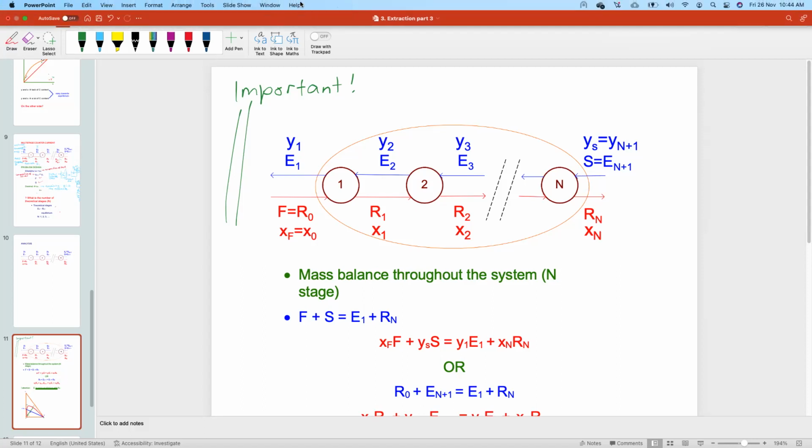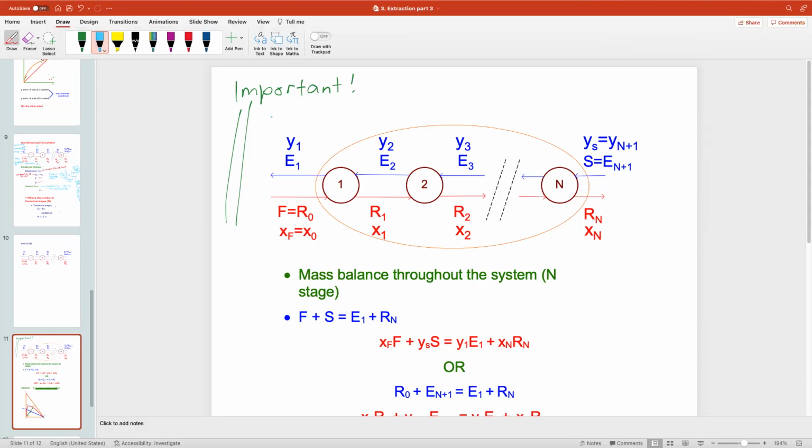Yes, Ibu, I'm listening. So Fatia, what is the concept of equilibrium curve? We want to know the correlation between the composition of the C in the extract.